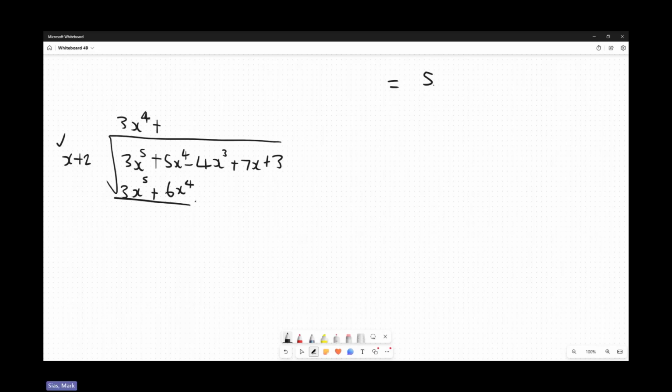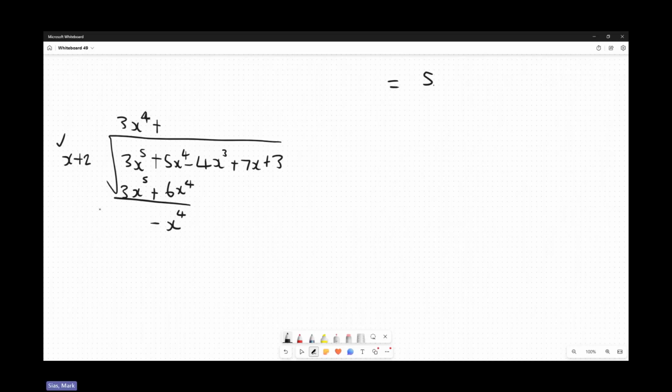Okay, just let's see, guys. So x goes into 3x to the 5, 3x to the 4 times. 3x to the 4 times x is 3x to the 5, and then 2 times that. Oh, it was fine. It was 6x to the 4, right? Now I subtract. Just double check it, guys. This is 0. This is minus x to the 4. See if you agree, guys. Yes.